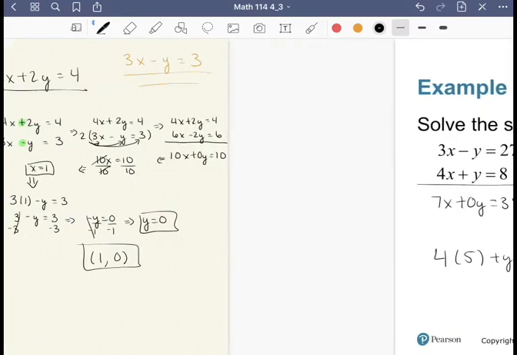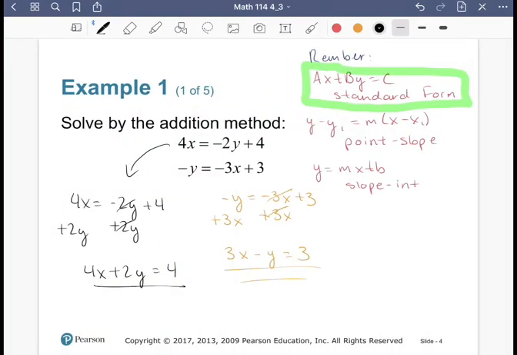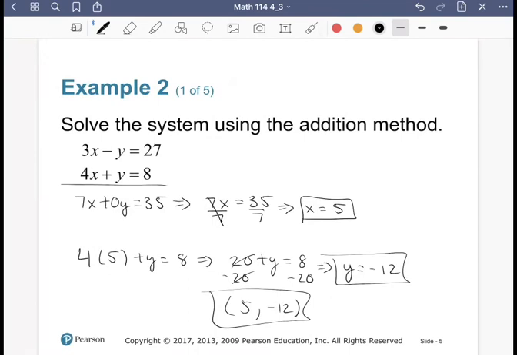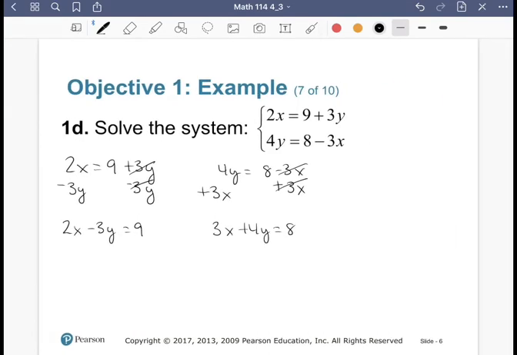Now, if you notice on all the previous problems, I'm always putting the x first and then the y. That is not a rule. That is just a habit I have. Alphabetical order, x comes before the y. So it's just a habit that we have in math.